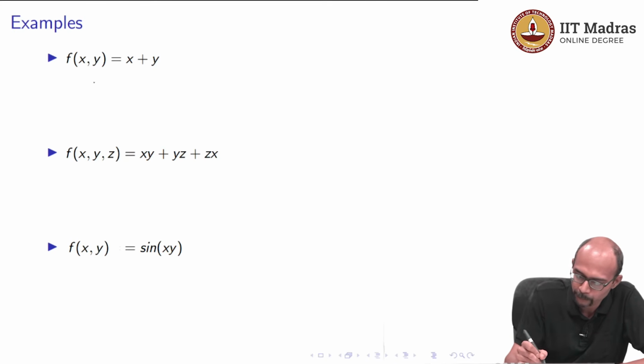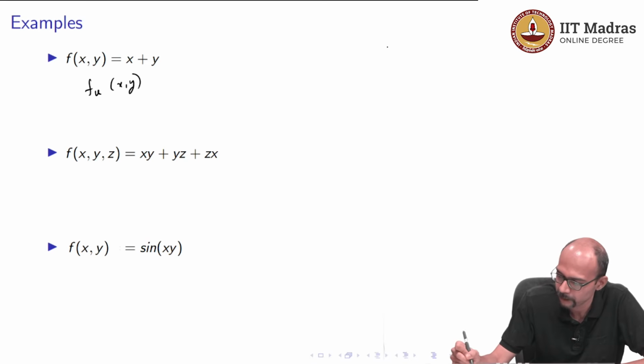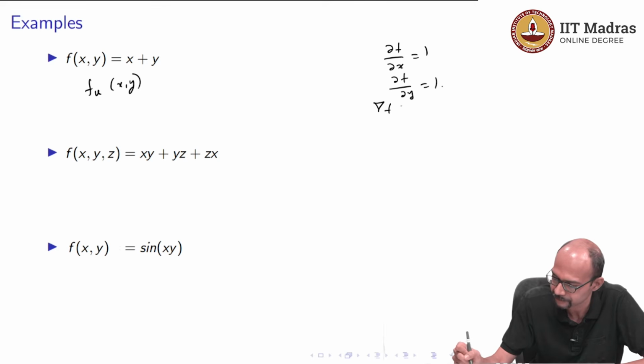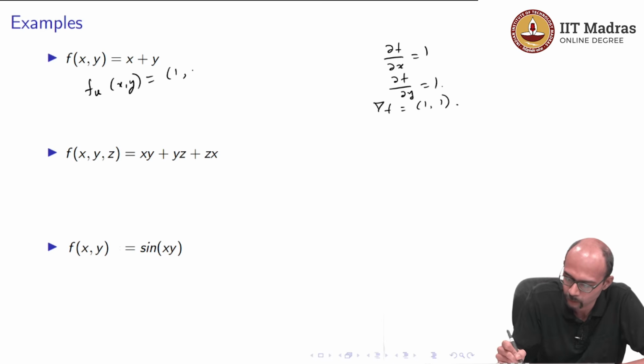So, let us say I want to compute f_u at x y. Well, I know I need my gradient. So, I have to first compute the partials. So, del f del x is 1, del f del y is 1. That means the gradient is 1 comma 1. So, then this is 1 comma 1 dot with u.